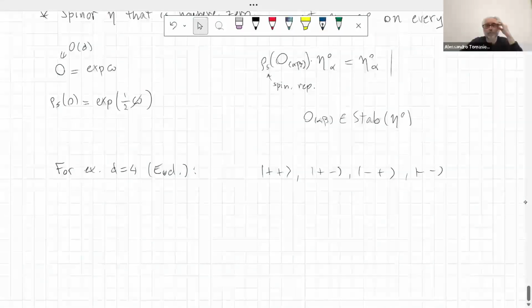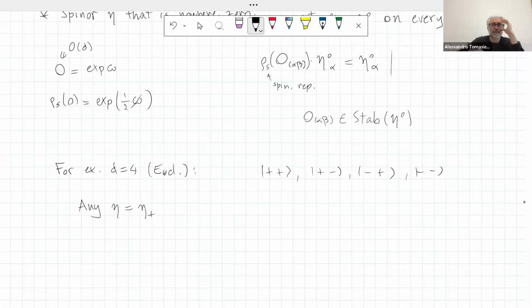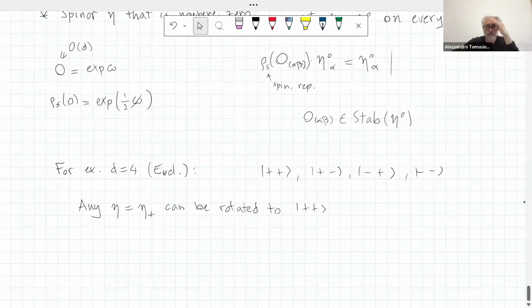And what I haven't told you is that, given that this is a low dimension, any spinor that is chiral, let's say of chirality plus, can be brought to the form plus plus via this spinorial action.